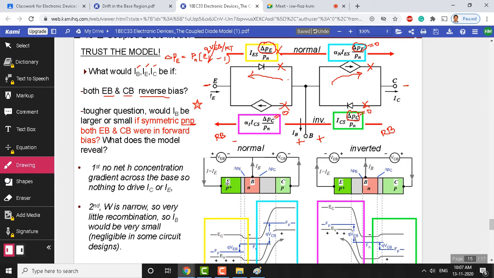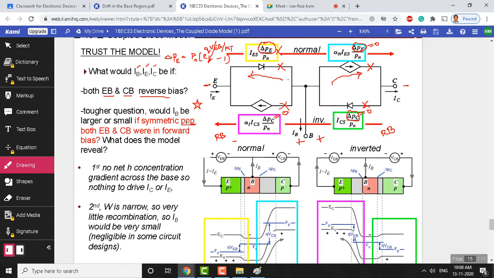Symmetrical BJT means the doping conditions of the emitter region and collector region are the same. Instead of calling it P plus NP, for a symmetrical BJT we call it PNP. So the doping density in the emitter and collector are the same.